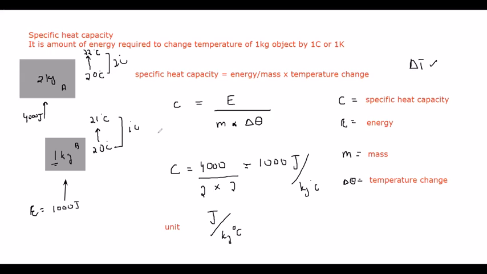So you can see sample A and sample B have the same specific heat capacity, but their thermal capacities will be different. Thermal capacity means how much energy is required to change the temperature by 1 degree. So what will be the thermal capacity of A?